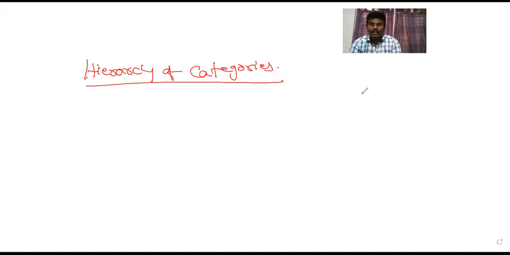The organisms which have the closest relationship are all placed into various categories. Here, the living organisms are grouped together by certain similarities that show how one group is related to another group and how the modern day organisms have evolved. So this is called hierarchy of categories.